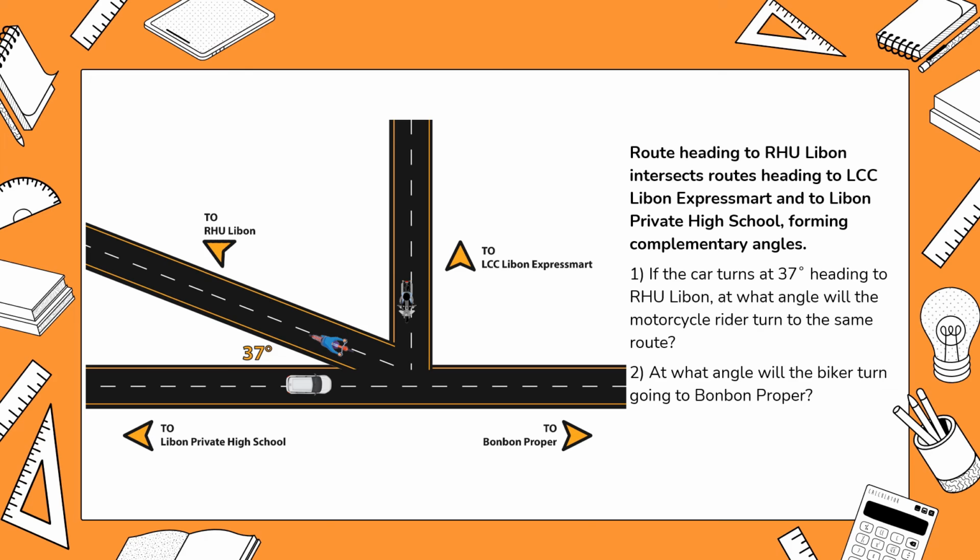Now what about that biker? For number 2, at what angle will the biker turn going to Bonbon proper? Look at the illustration.